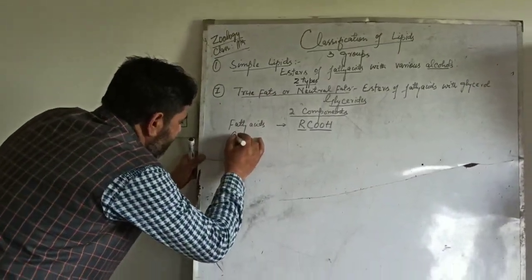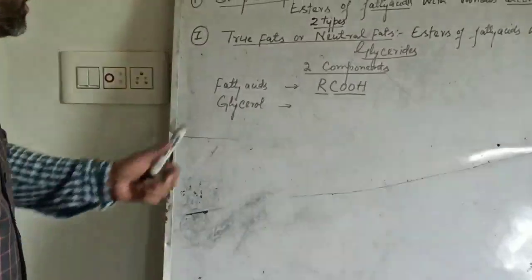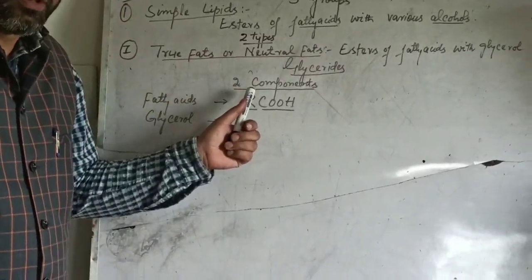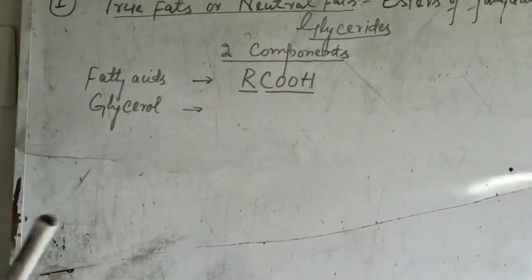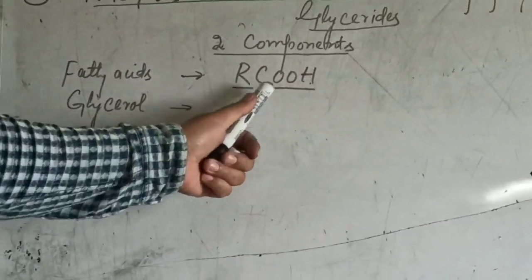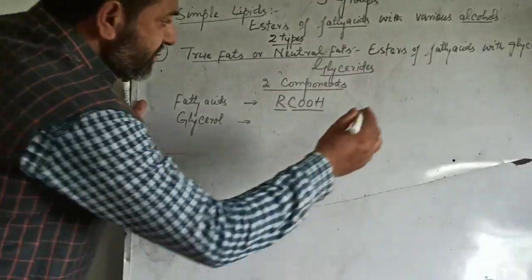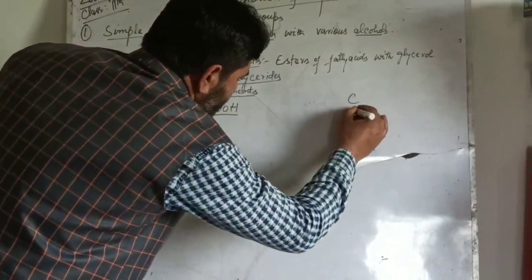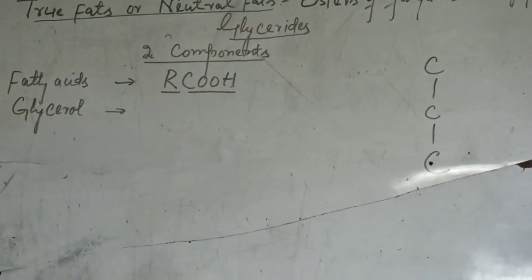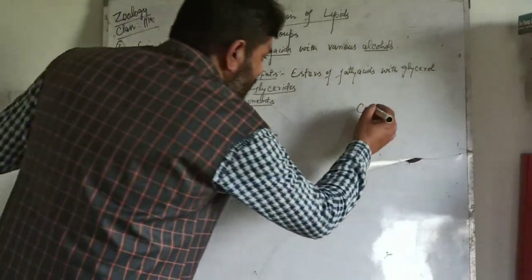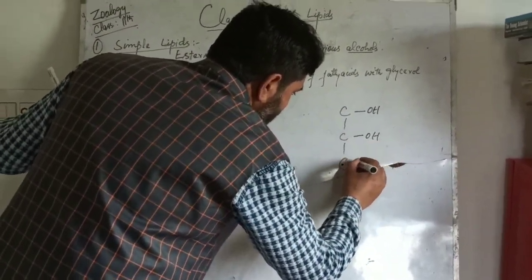Then the second is glycerol. So neutral fats are composed of two components: fatty acid, and glycerol. This glycerol molecule consists of 3 carbon atoms, and each carbon atom bears a hydroxyl group, OH.